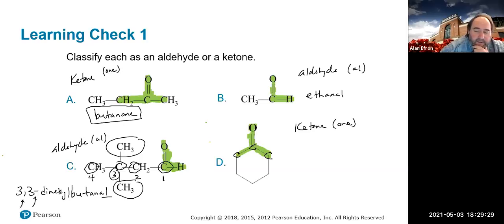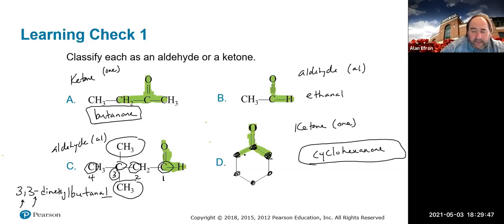This obviously is a ring structure where we have 1 carbon, 2 carbons, 3 carbons, 4 carbons, 5 carbons, and 6 carbons. 6 carbons in a row is cyclohexane, becomes cyclohexanone. And in this case, there's no other groups attached, which means we're good. Just like we've been talking about, because this is a ring structure, you don't have to give the location of where that carbon and oxygen double bond is. It is assumed, obviously, to be carbon number 1. Any questions on either the classification or the naming of these guys?